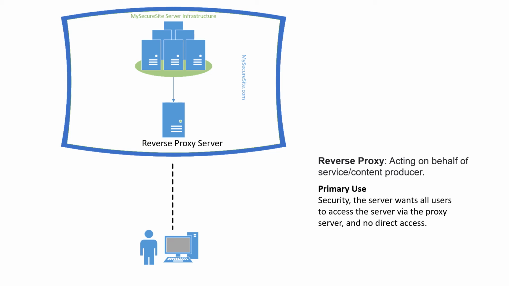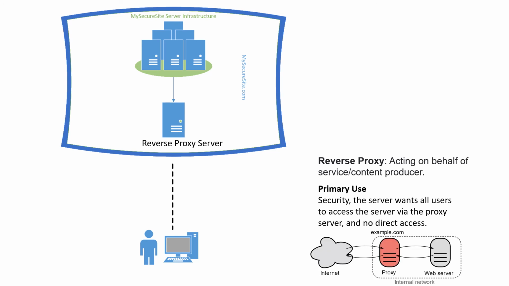Direct access to a server may mean that the user can do a lot of other things also. We may have some rules, some things to log, some security in place in the proxy server, and thereby the infrastructure is very secure.